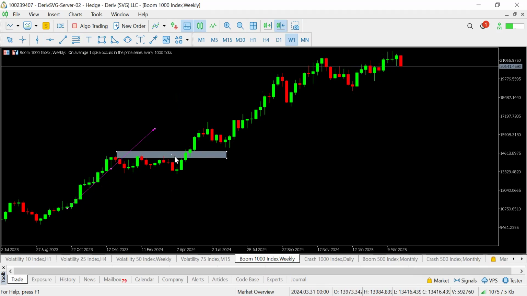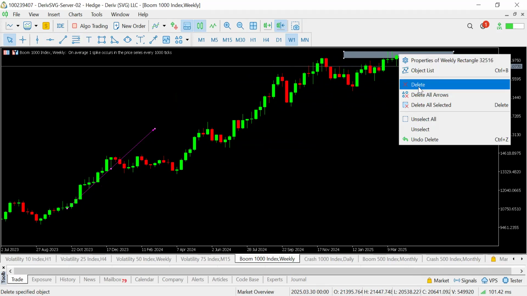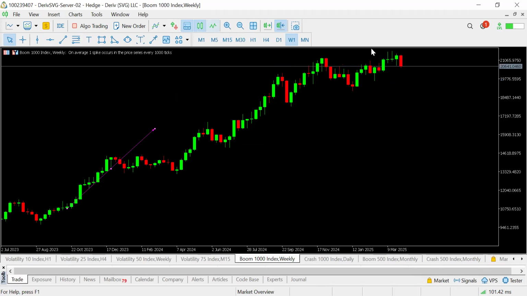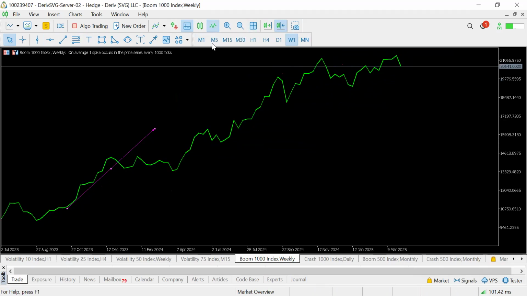The market moves and forms a higher high, comes down to give a higher low, shoots up to give another high, retraces back to give us a higher low, comes up again to give a higher high. Now it gave us a higher low, and now it has come up to create another high. So we can see here that just by merely looking at the structure of this market, to make it clearer, we can go to the line chart.